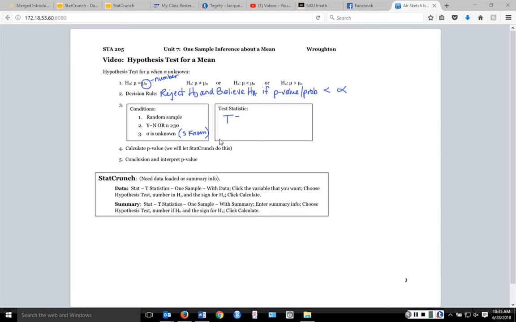And our t will be calculated as our sample mean minus, and I put a mu sub 0. The main reason why that mu 0 is there is because whatever number I have up here in the null hypothesis is what's going to go down here for my test statistic calculation. Then we're going to divide by s, because we don't know that population standard deviation, over the square root of n.